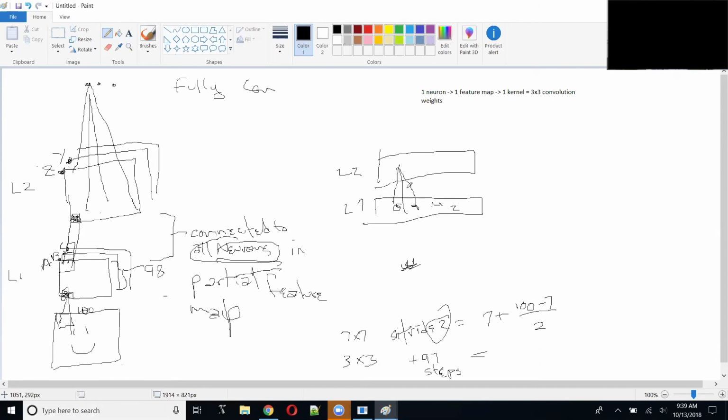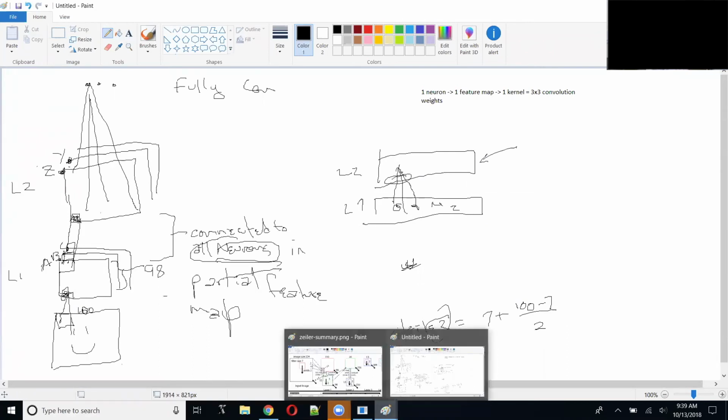So you usually don't get these fully connected layers. But yeah, I'm not sure. I have to think about what the size of the feature map would be there.